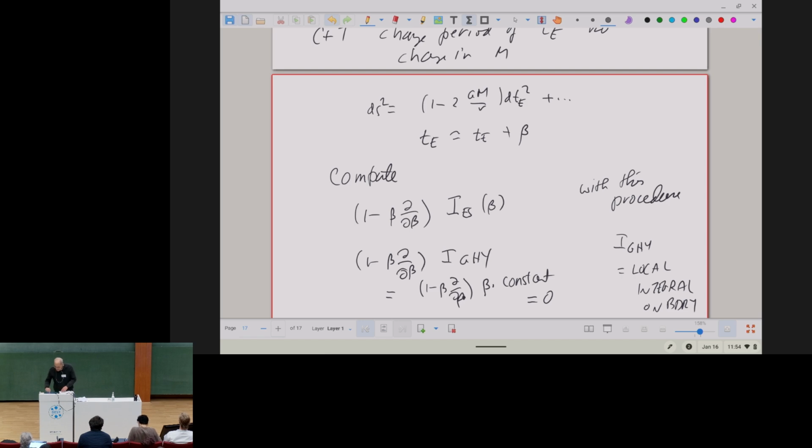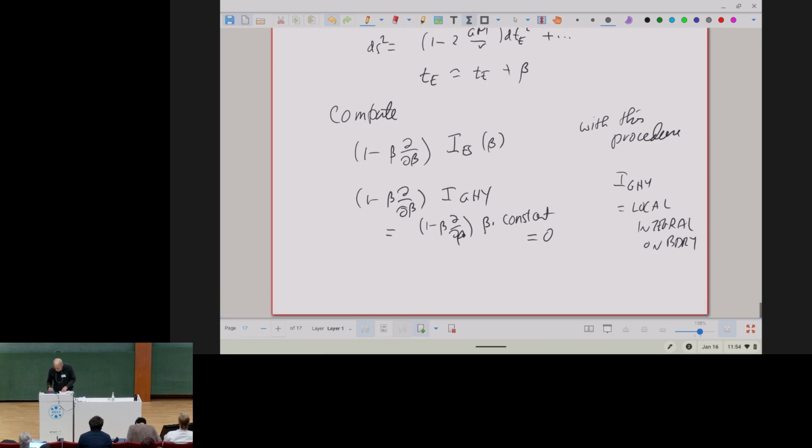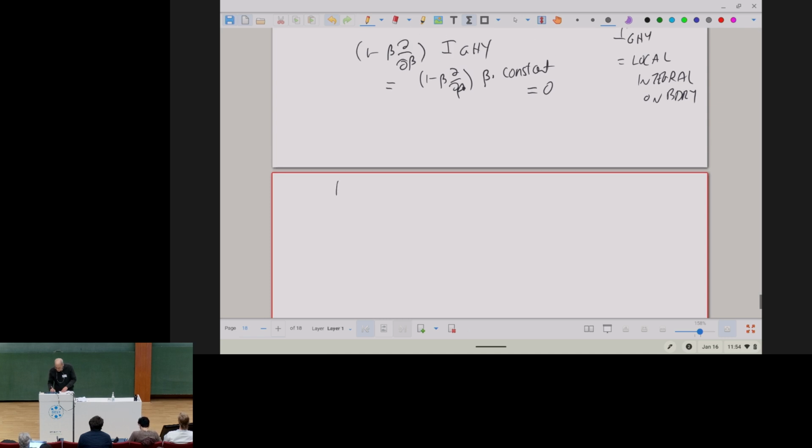Now we could worry about the bulk Einstein-Hilbert action away from the horizon. Well, it's 0 because the scalar curvature is 0. But suppose we were doing something more complicated like Einstein-Maxwell. Then the bulk action would not be 0. But it would be a local integral.